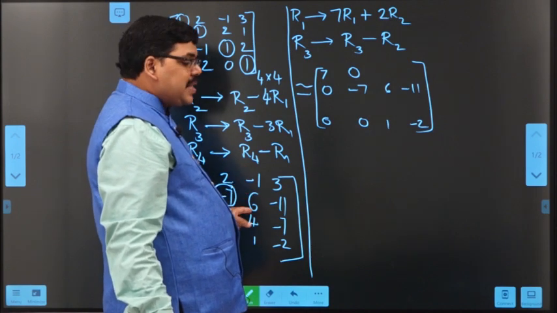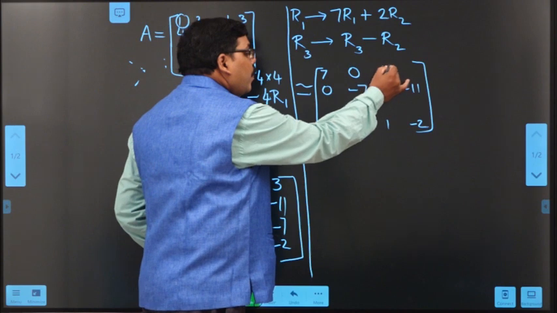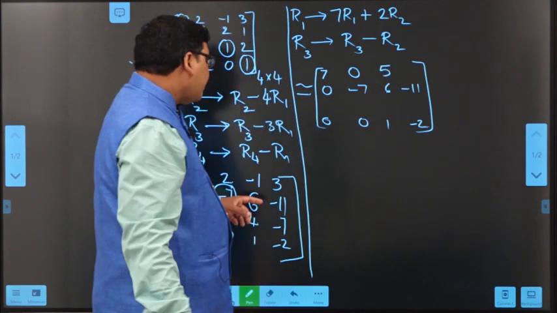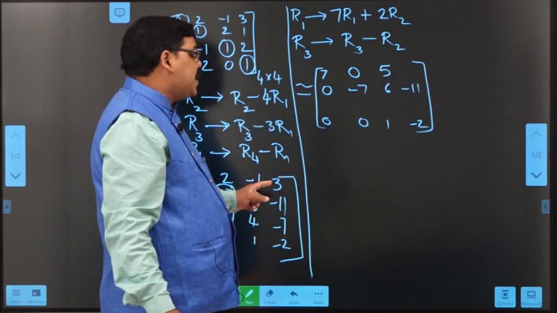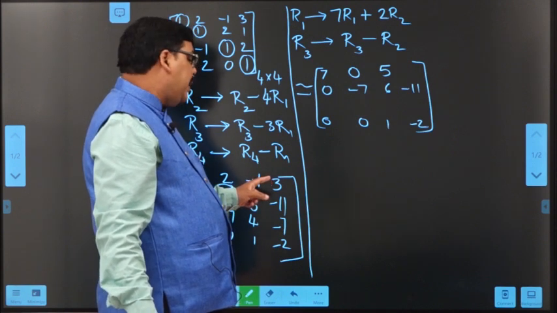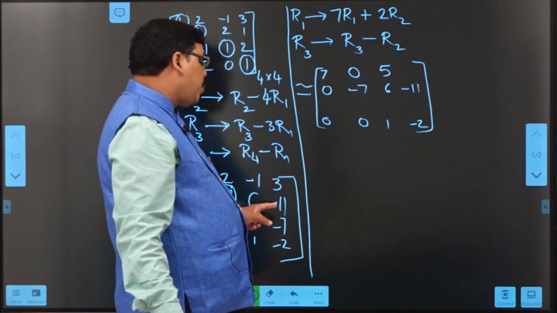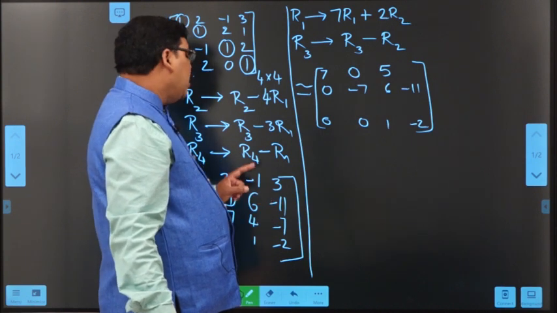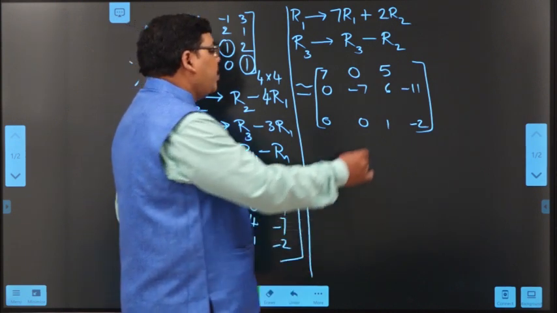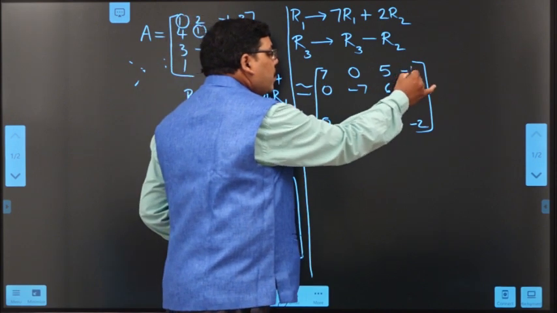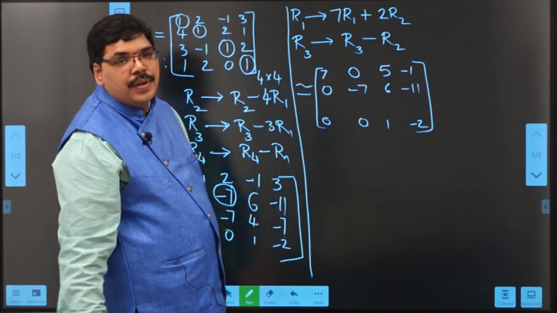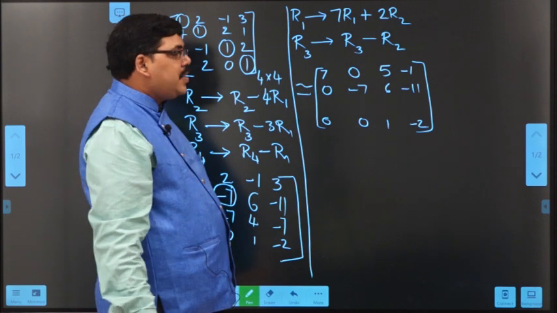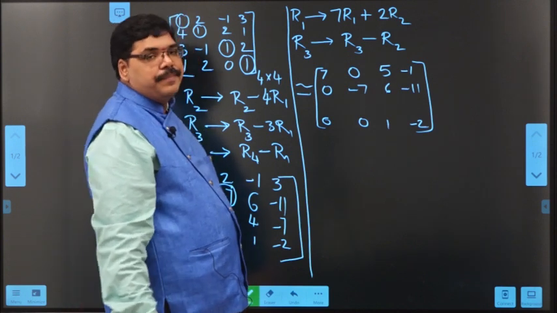Minus 7 plus 12. I am multiplying the first row with 7, so I will get 21 here, and the second row with 2, I will get minus 22 here. If I add them, 21 minus 22. So the first row changes to 7, 0, 5, minus 1.